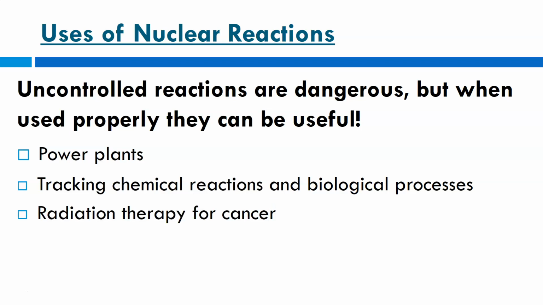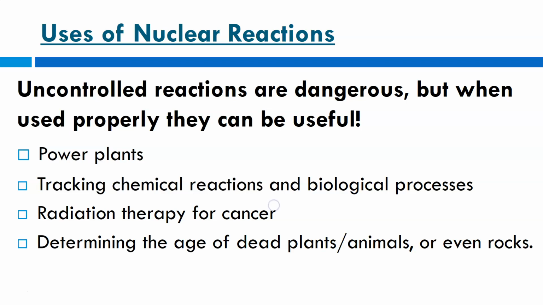We use radiation therapy for cancer, where we can try to kill the cancer cells and hopefully leave the healthy cells alone. We even use it to determine how old things like fossils or rocks are. If you ever learned about dinosaur fossils and how they know how old they are, it's by using nuclear reactions that take place.